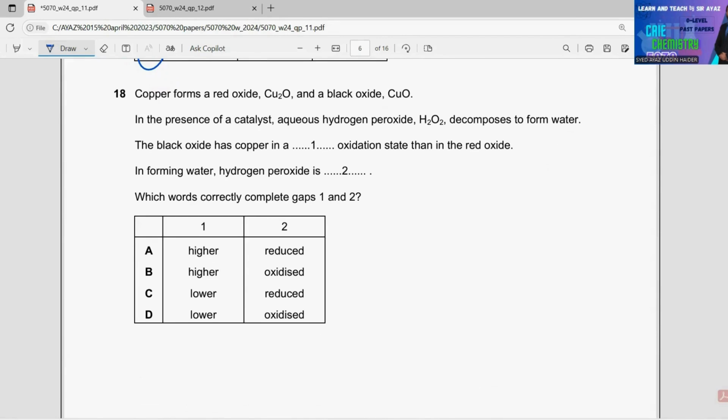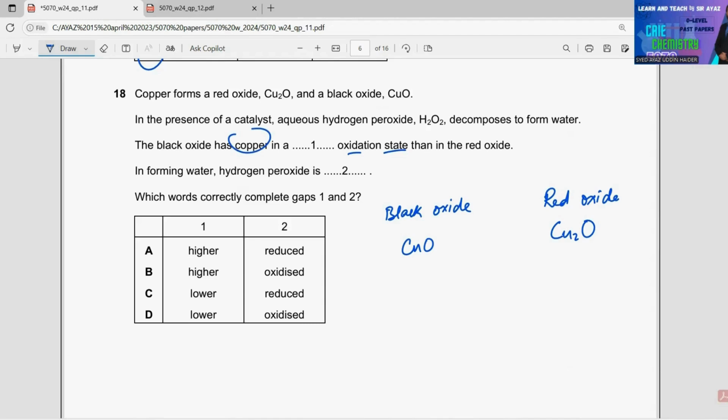So black oxide, we have CuO, and red oxide, we are having Cu2O. For gap 1, they are talking about the oxidation state of copper.